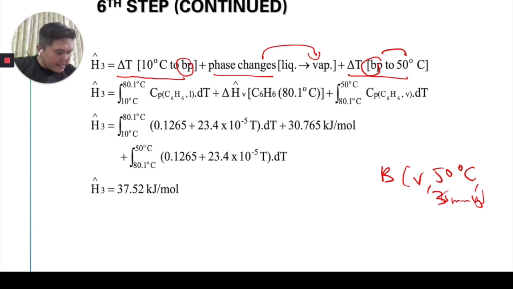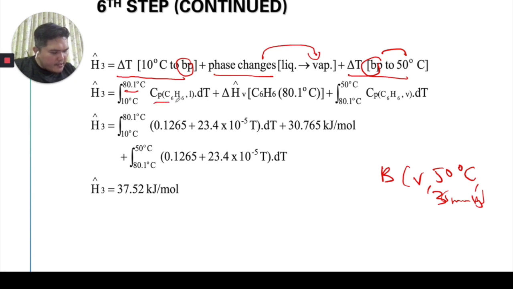This is the hypothetical process path that you have drawn, and this is where you substitute the values. For example, for your benzene, the boiling point is 80.1 degrees Celsius.